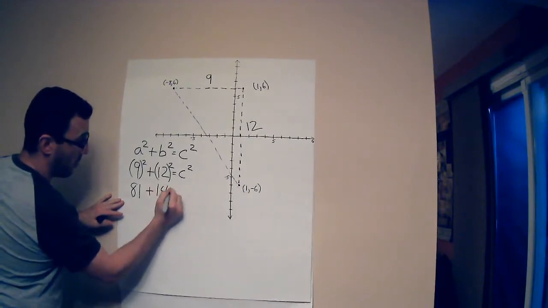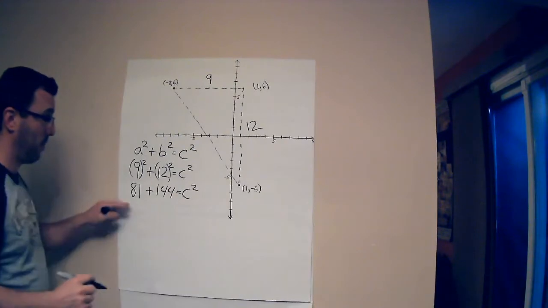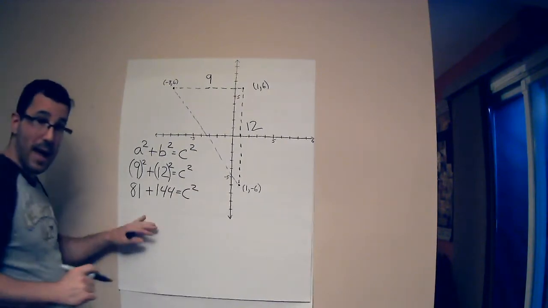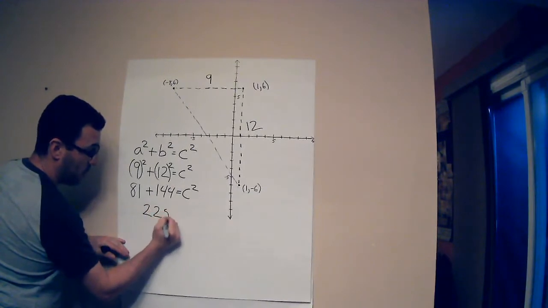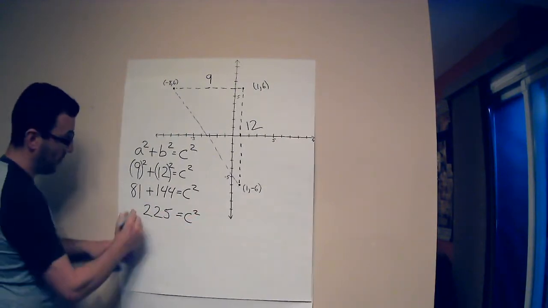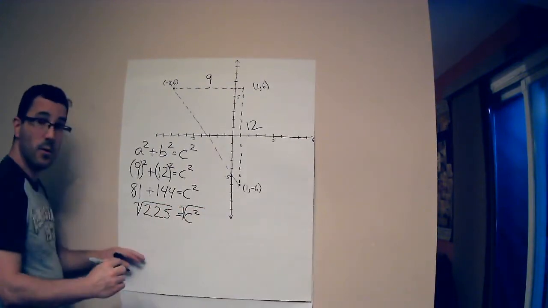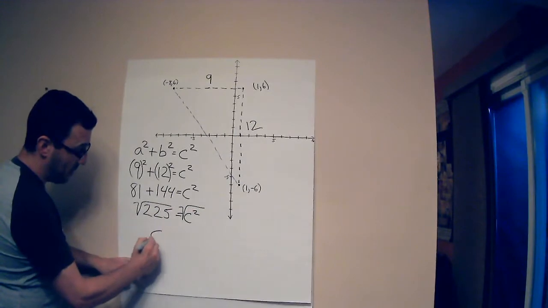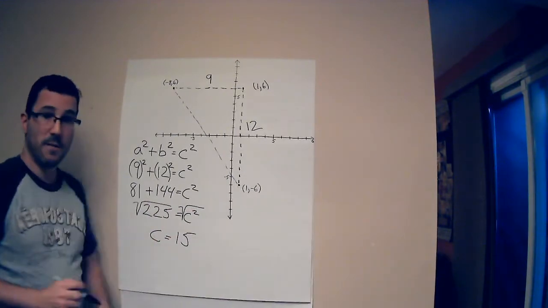It's 144 equals c squared. We add these two together, we get 225 equals c squared. Take the square root, and we get c equals 15.